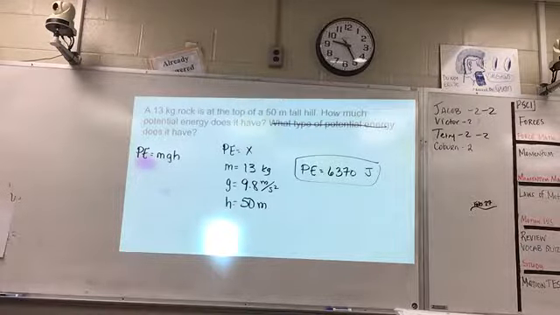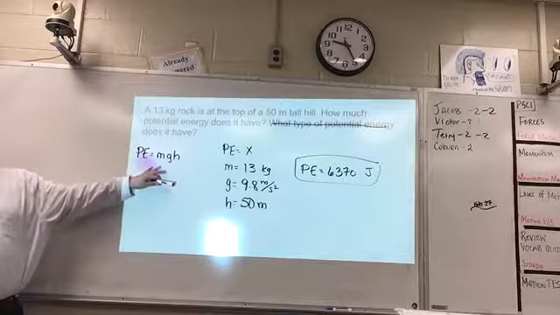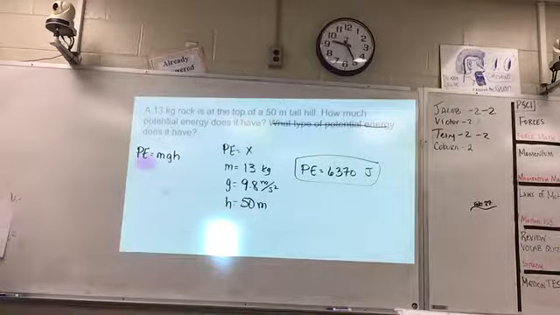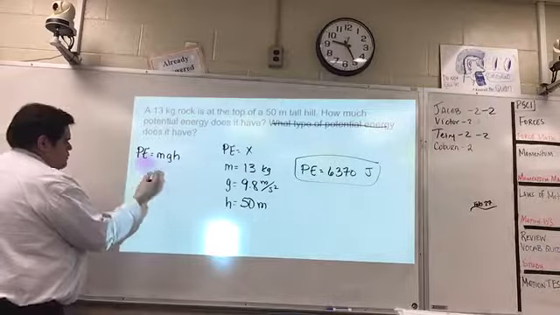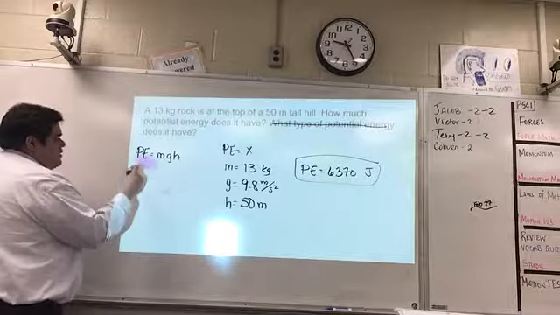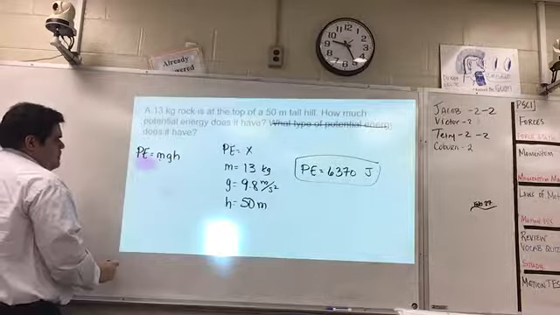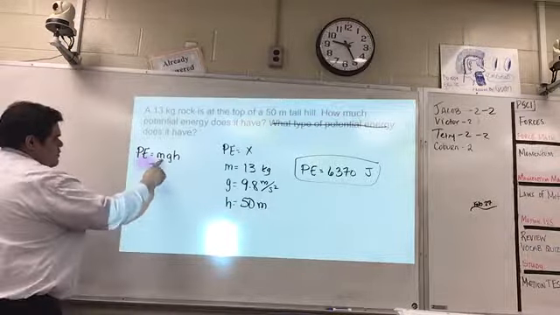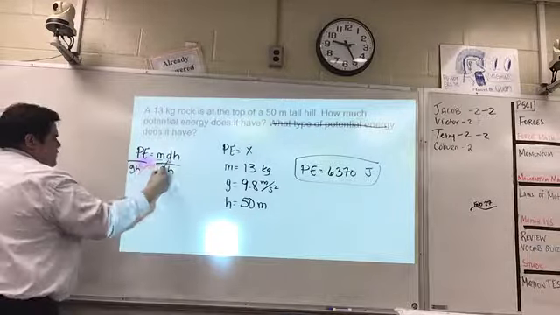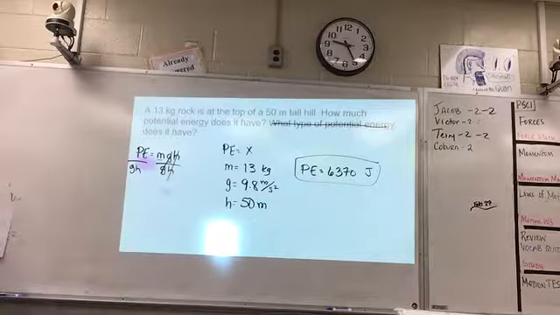Now realize, there may come a problem where you have to solve for like m or h, right? Let's say, if you got to solve for m, then you have to get m by itself, and so you would be PE over GH.